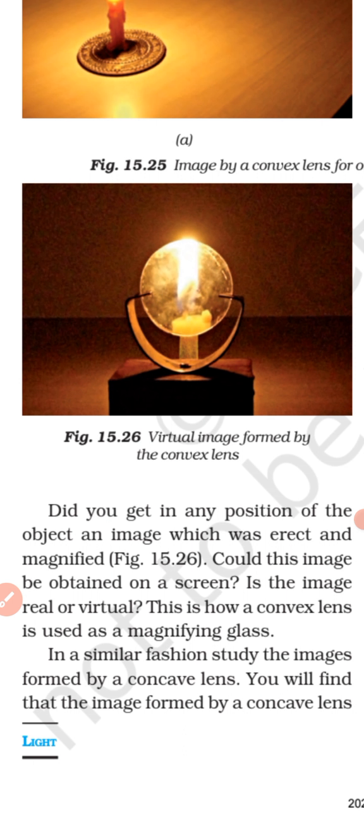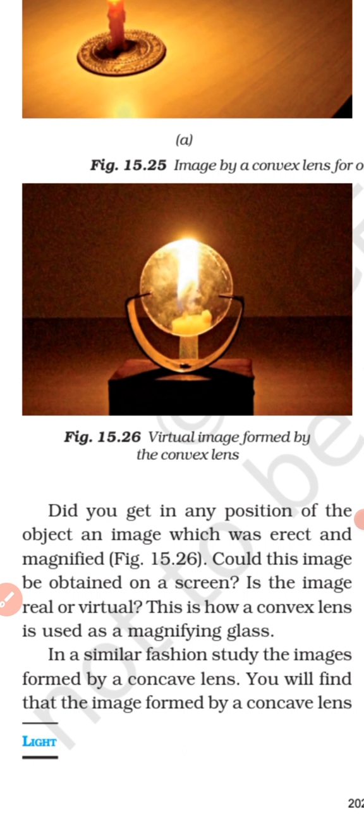No. Is this image real or virtual? It is virtual. So this is how a convex lens is used as a magnifying glass. When you take the convex lens or magnifying glass nearer to the letters written on the books, then you will get the magnified image of the letters.